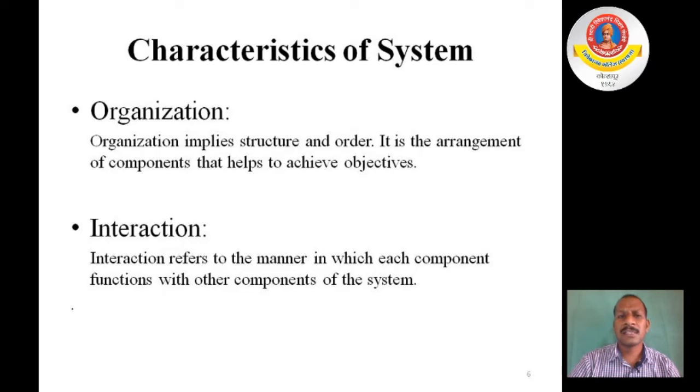So let's start with the characteristics of the system. The first characteristic is organization, the organization of the components. Organization implies structure and order, meaning how we arrange the components as per the structure and order, and it is the arrangement of components that helps to achieve the objectives.